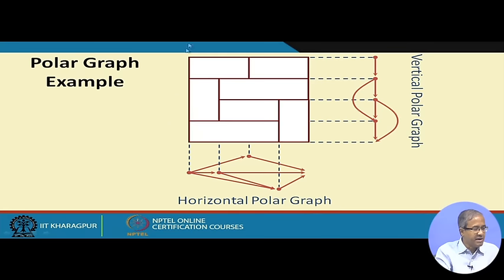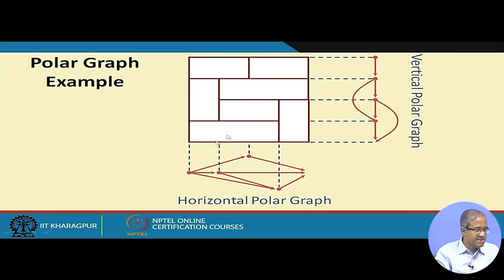Here I have a vertical line, next I have a vertical line in this block, here I have a vertical line in this block, here I have a vertical line, and at the end I have a vertical line here. Similarly, in the other direction I can have a vertical polar graph where I look at the horizontal lines. I have one horizontal line here, one here, one here, one here, and one for this whole thing.